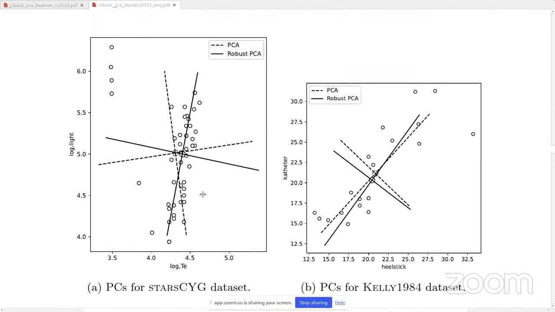Here are the examples. These examples are illustrative. We don't try to calculate some numbers. We try to make a picture that explains visually the benefit of our method.